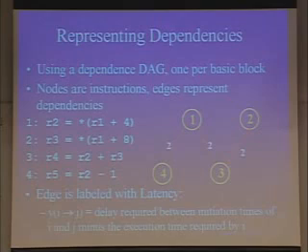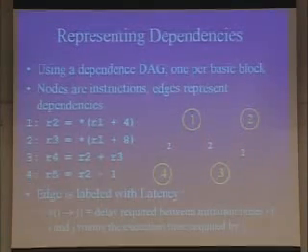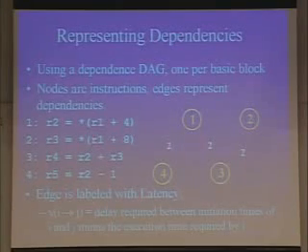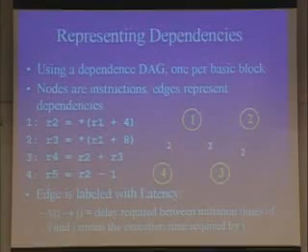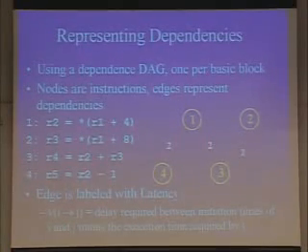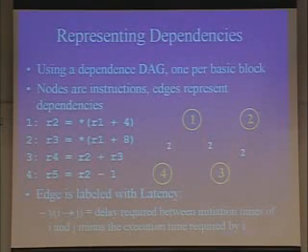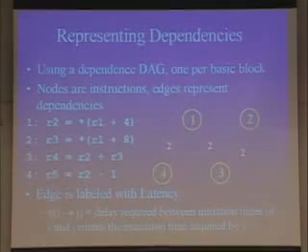So if you take 1 and 4 in here, I say delay 2. That means if I start instruction 1 in clock 0, and if I start instruction 4 in clock 1, I will stall it because I didn't have the delay of 2. So I have to start instruction 4 in clock 2, because I need at least a delay of 2, since the value is not available otherwise. So we get this graph, and that gives us a notion about how much stalling you have to do.